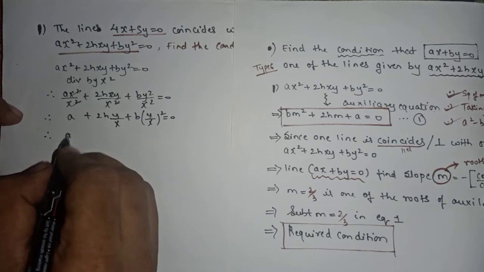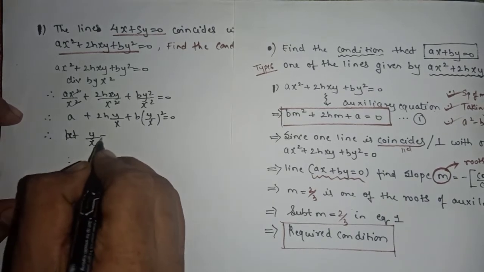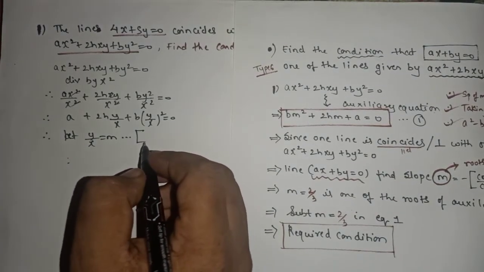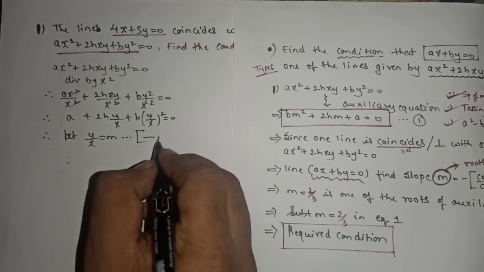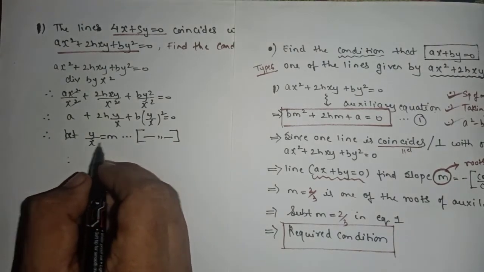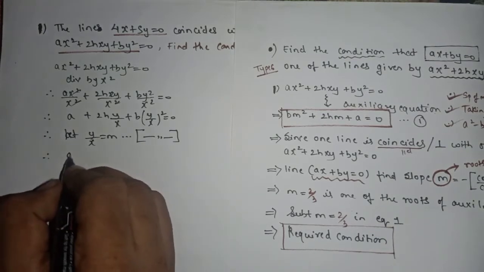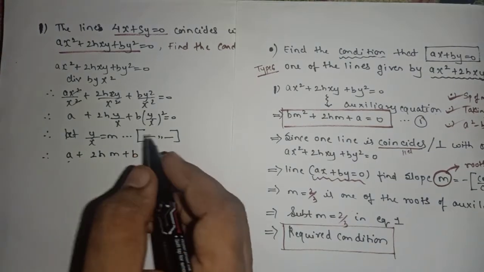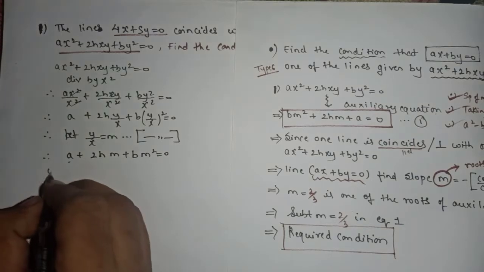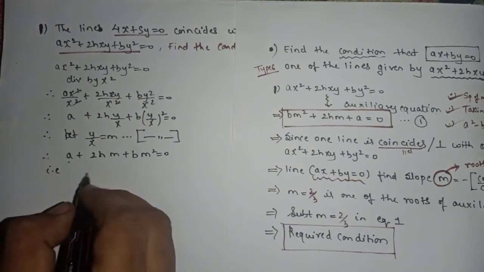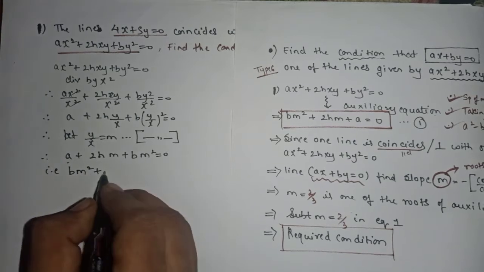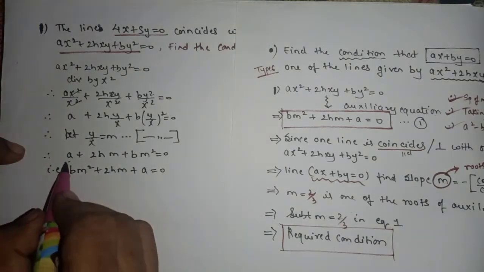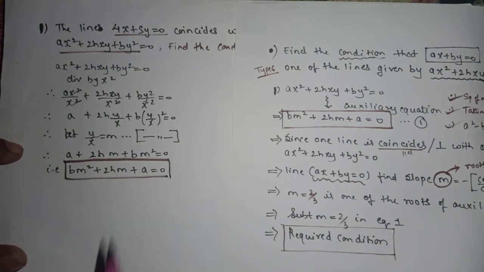After this we take y upon x equals to m, the line passing through the origin. So we replace y by x with m, and we can rewrite this equation as bm square plus 2hm plus a equals to 0. So here we got the required auxiliary equation.